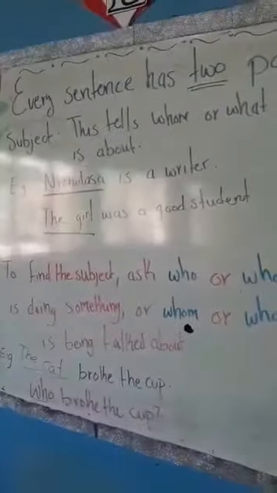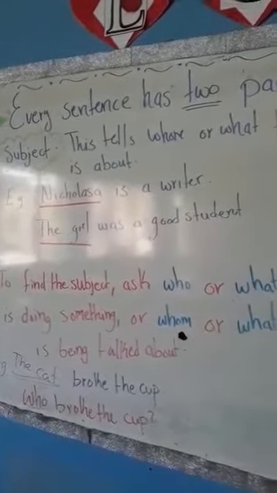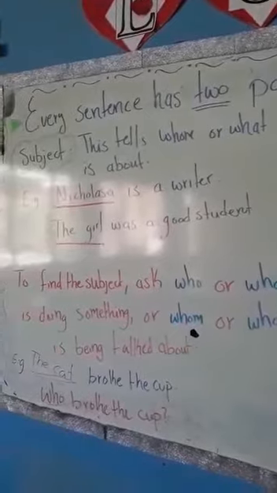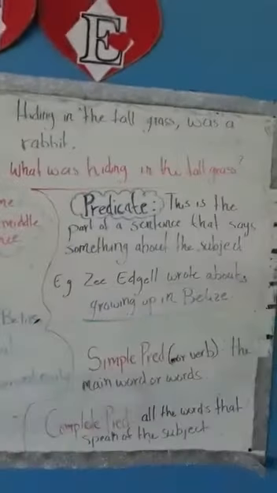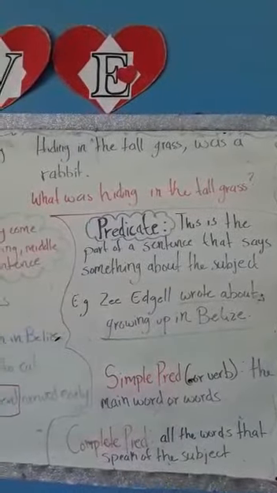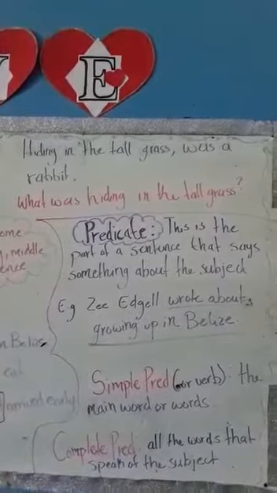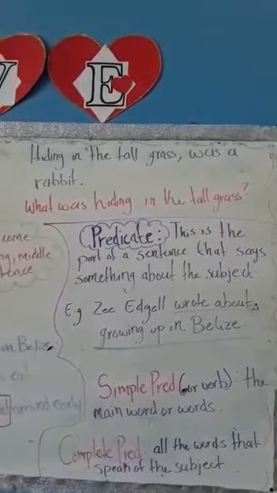See that? To find the subject, ask who or what is doing something, or whom or what is being talked about. Now, who are we talking about here in the subject? Who or what is hiding in the tall grass? The rabbit. So we have our subject.